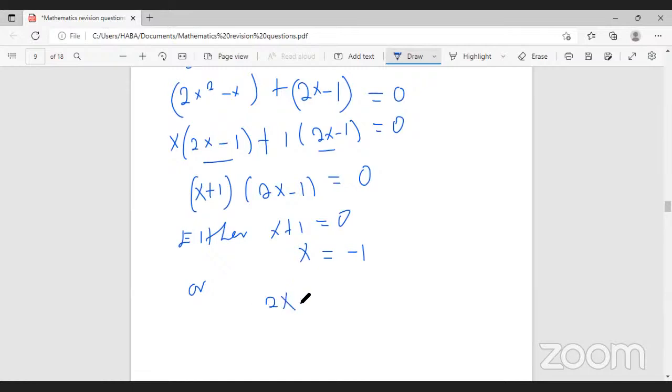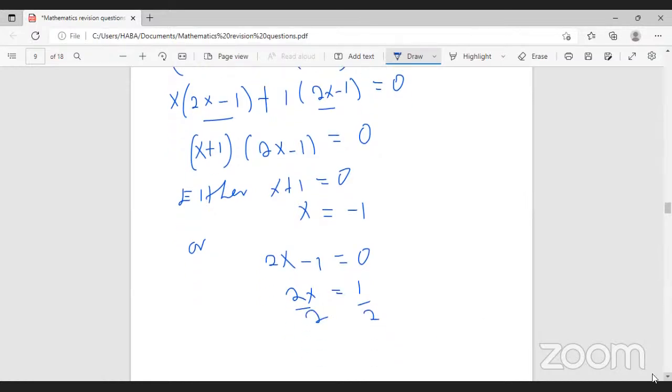Or 2x minus 1 is equal to 0. So transfer the 1 to the right hand side. So 2x is equal to 1. Then divide by 2, and x will be equal to a half, or 0.5.